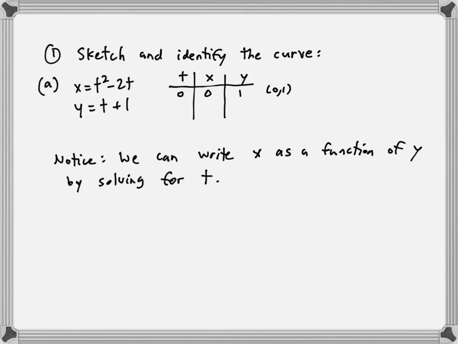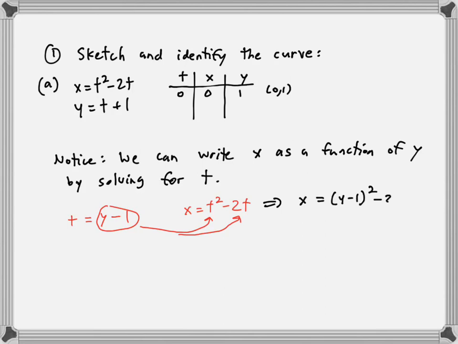So if I take equation 2 and I solve for t, I get t is equal to y minus 1. And then if x is equal to t squared minus 2t, I can replace the t in that equation with y minus 1. So I end up with x is equal to (y minus 1) squared minus 2 times (y minus 1).